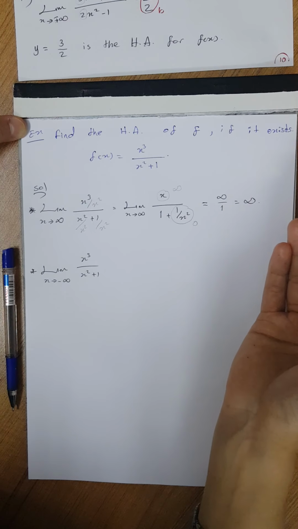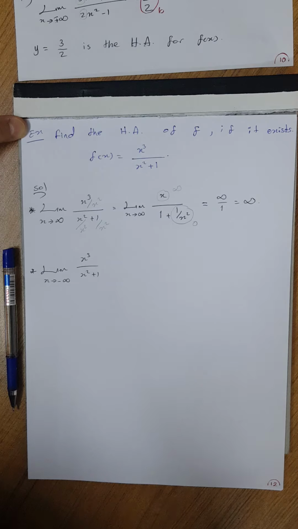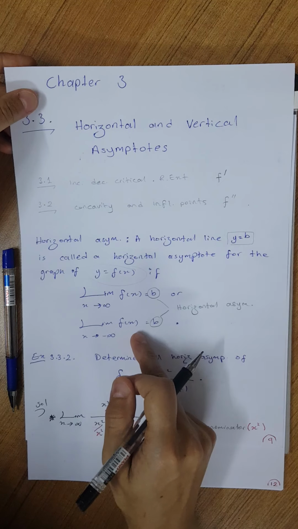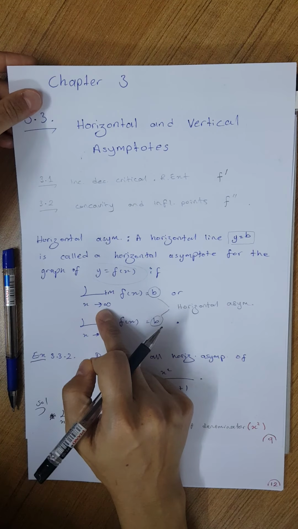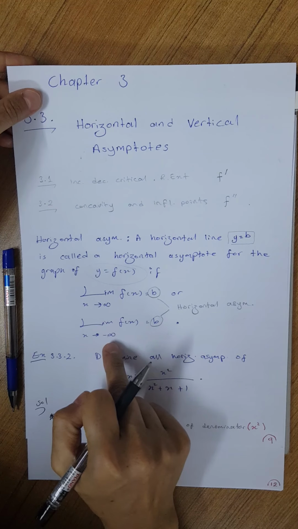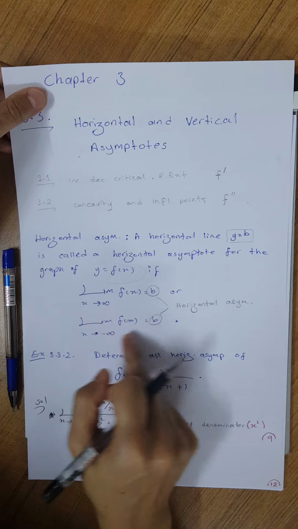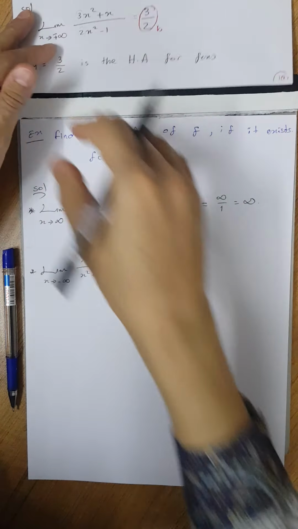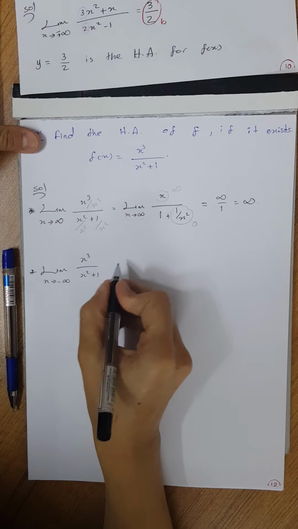So in that case, I have no horizontal asymptote from this side. Let me check the other one, because the definition says this one or that one. If you didn't get anything as x approaches infinity, we may find something as x approaches minus infinity. If we also don't find anything there, we say that it doesn't have any horizontal asymptote. If you find something, of course it will be a horizontal asymptote.